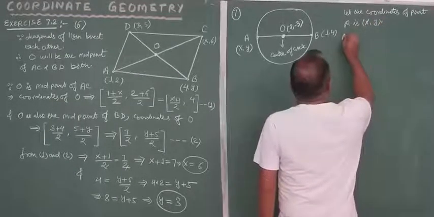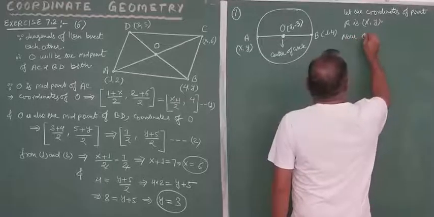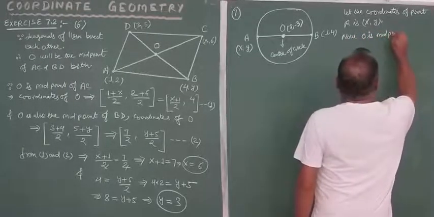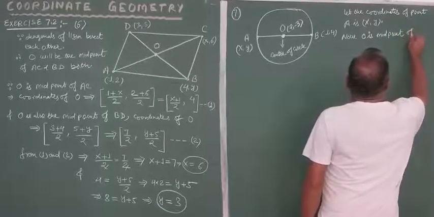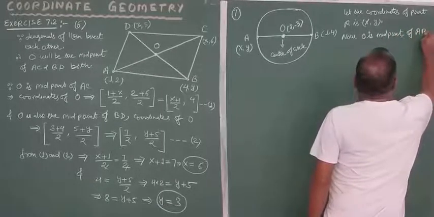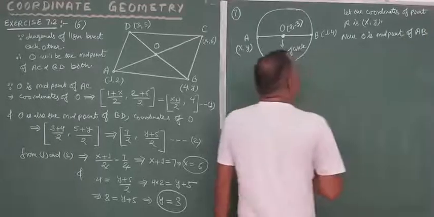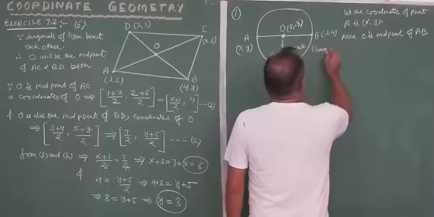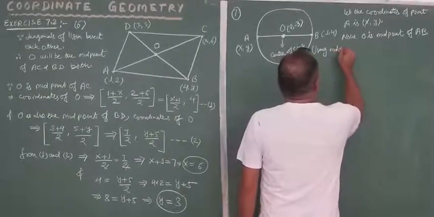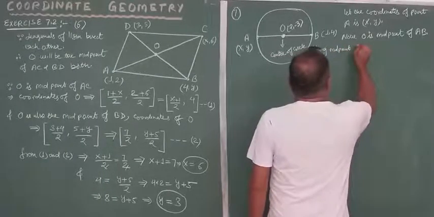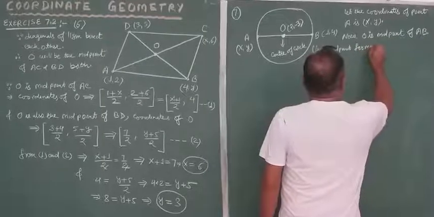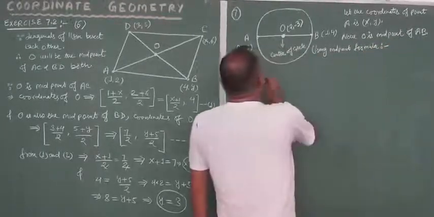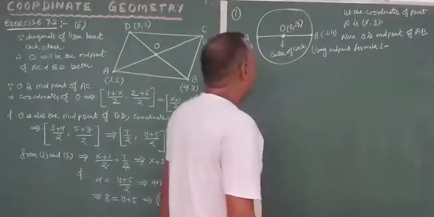See, now O is the midpoint of AB. Then using the midpoint formula. So what will happen? What will be the abscissa of point O?